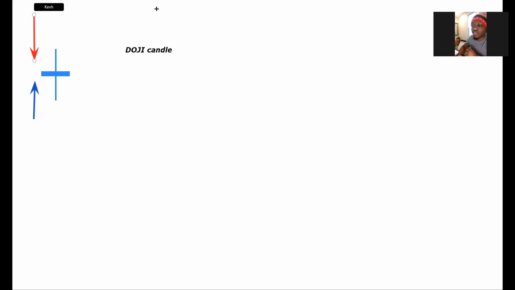So one thing about the doji that we need to know is that it opens and closes in the same place. Let me use a different color here. Right, so the doji candle opens and closes in the same place.